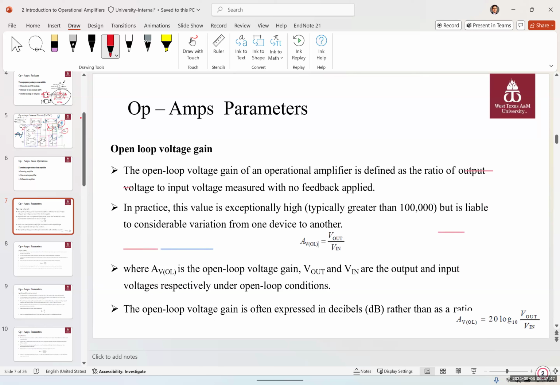Perfect, great. We usually show it with AV. It's the ratio of the output voltage to the input voltage. And we usually show it in dB, or decibel. And decibel is actually 20 log of V out over V in.